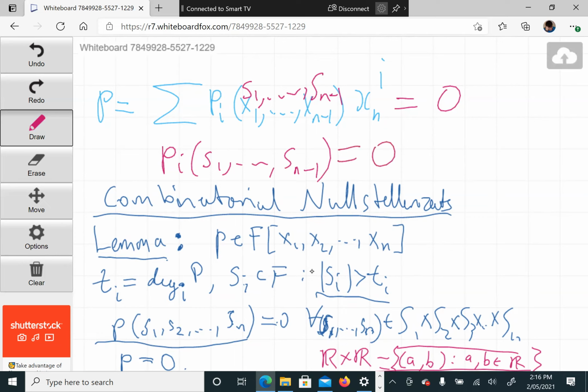So this is equal to 0 for all s in the sets up to n minus 1. So that's the induction hypothesis.